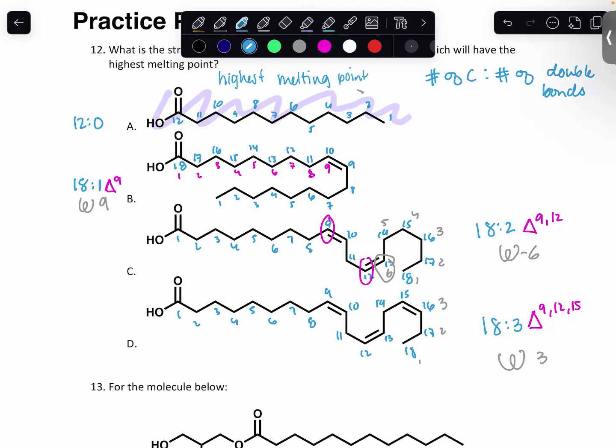More carbons is a higher melting and higher boiling point. Fewer carbons is going to decrease that. And if you add more double bonds, that's also going to decrease it. Questions?